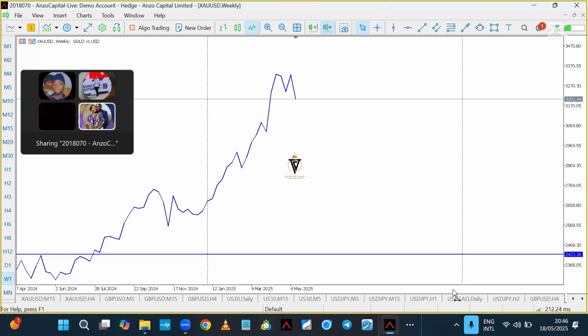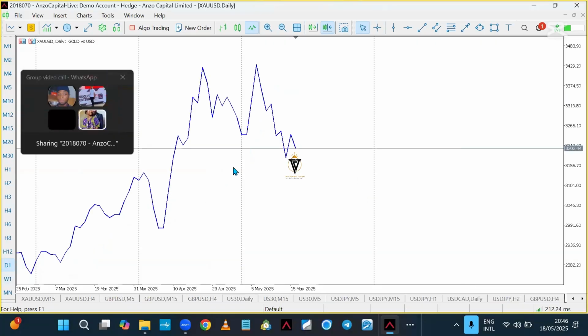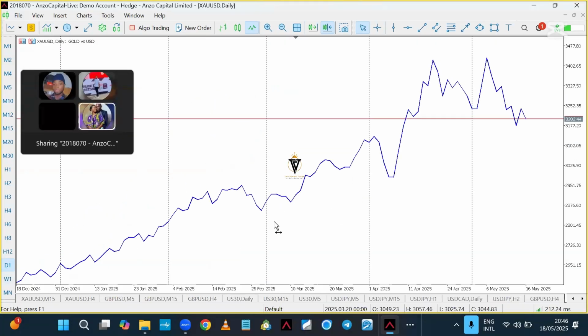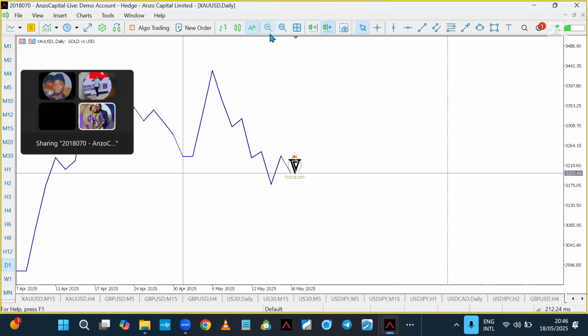All right, so let's go down to a daily time frame and see, because those points we picked on the monthly and weekly time frame are far from where price is. So let's see.